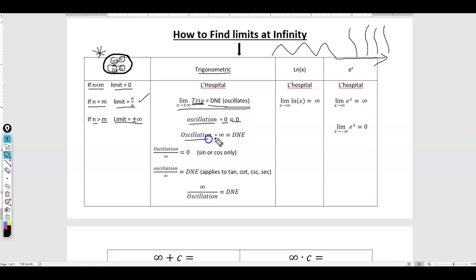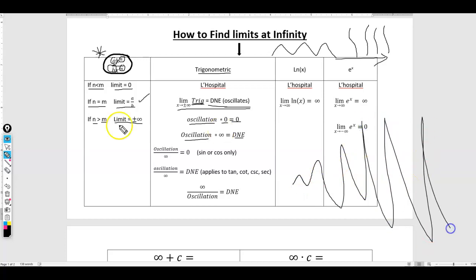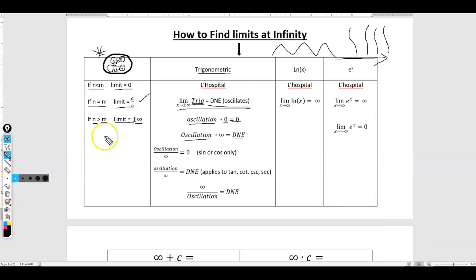Or if you have an oscillation and you're multiplying that times infinity, the limit doesn't exist, because you're oscillating and it's getting bigger and bigger. It's getting more and more infinite, and it never stops increasing or decreasing. Also, if you have an oscillation being divided by infinity, it goes to 0. Anytime you divide by infinity, it goes to 0.